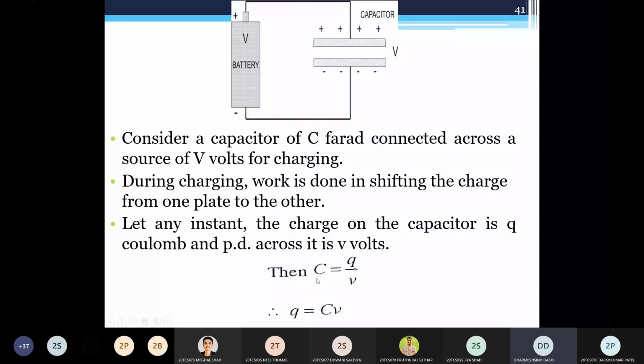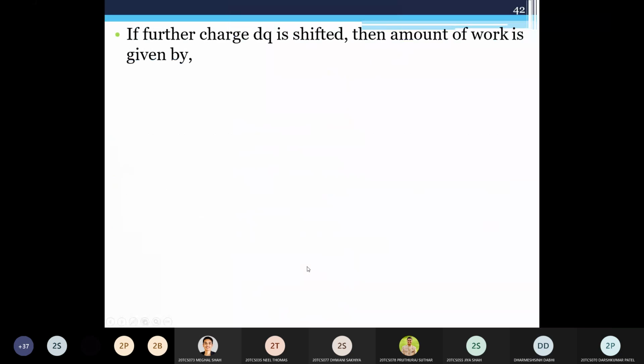It means C is fixed. Clear? If you measure the voltage across the capacitor using a voltmeter or multimeter, then by using the equation Q is equal to C into V, you can find out the amount of charge placed on the plate of the capacitor. Clear?